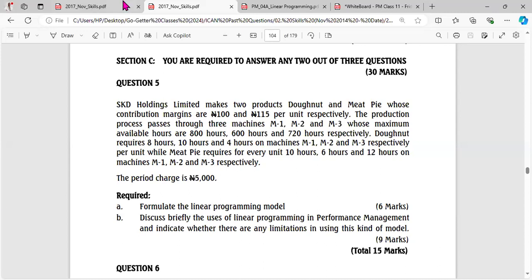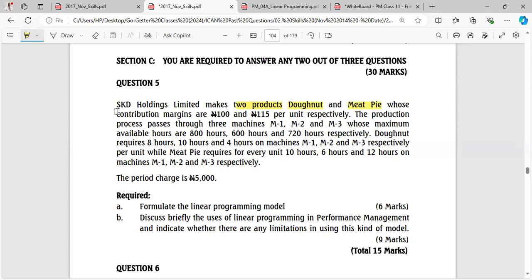Now, let's read it. SKD Holdings makes two products. For a linear programming model, for any limiting factor problem, the products must be more than one. So they make two products, donuts and meat pie.